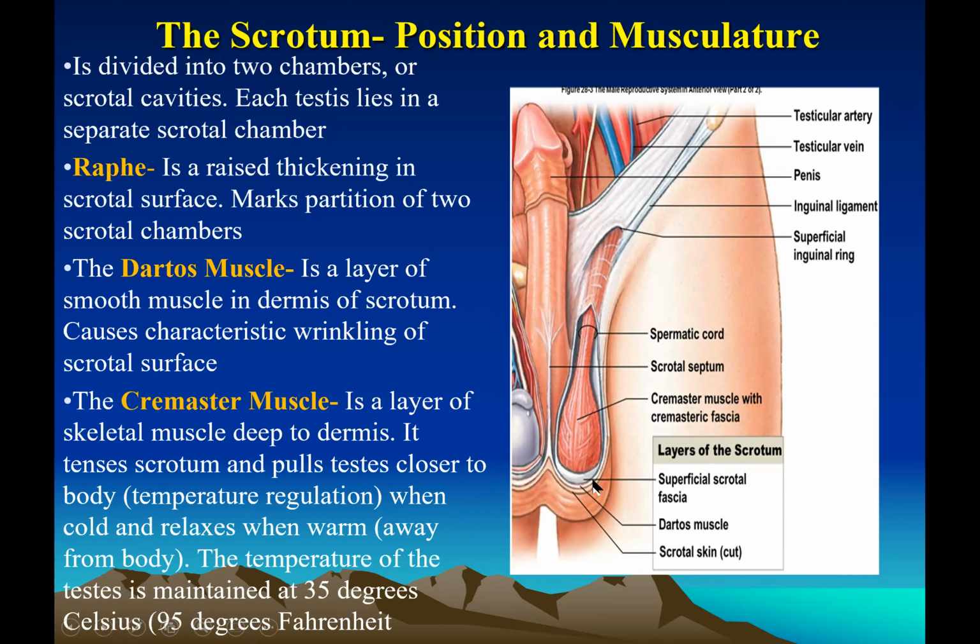The reason being, when the scrotum engorges with blood during an ejaculation, it can accommodate that. And then there'll be fascia before and after the muscle. And then there's a very important muscle called the cremaster muscle. Dartos is a smooth muscle. Cremaster is a skeletal muscle.